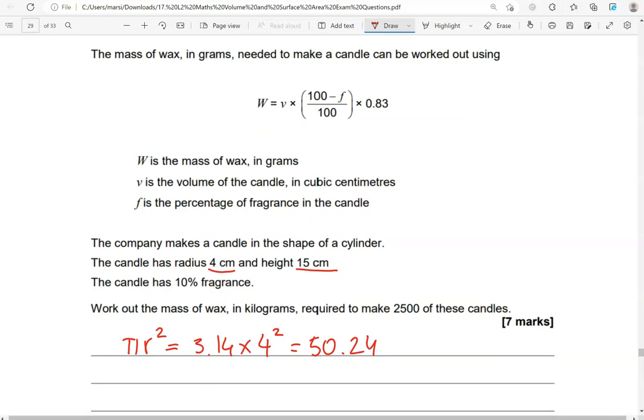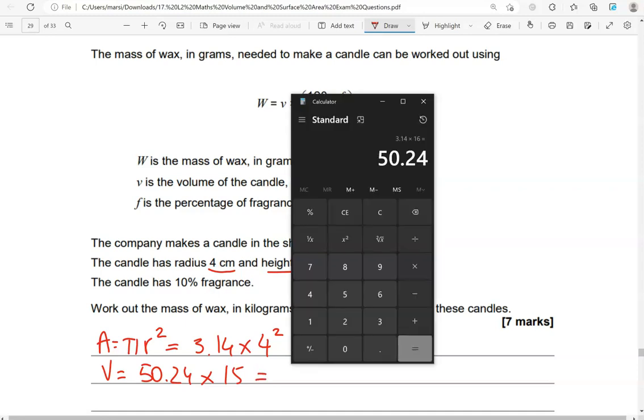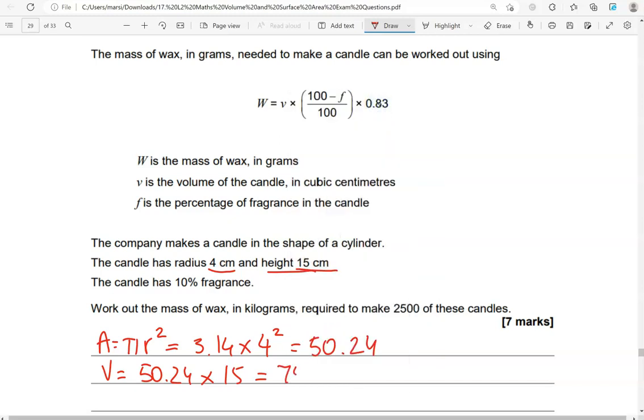And now we'll multiply it with the height to get the volume. We'll do 50.24 times 15, which is 753.6 cubic centimeters.